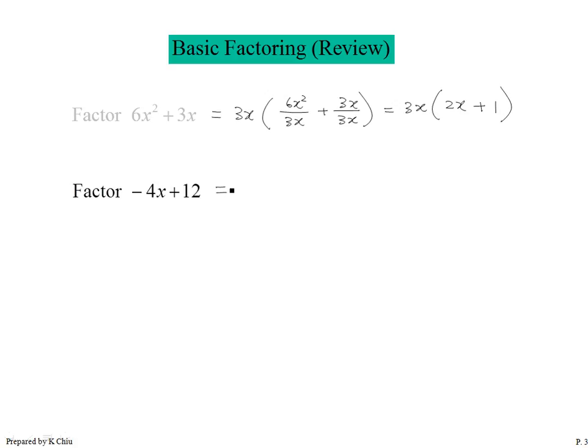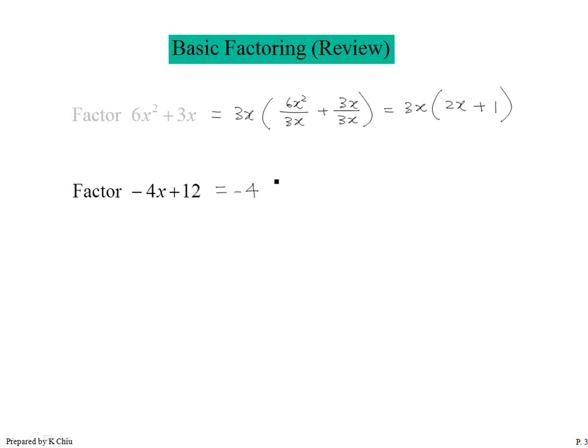4 and 12, what would be the common factor? Would that be 3? It would be 4. Now, that's true. We can factor out the 4. But this time, we are going to factor not just 4, but negative 4, because we like whatever inside the parenthesis to begin with a positive term.